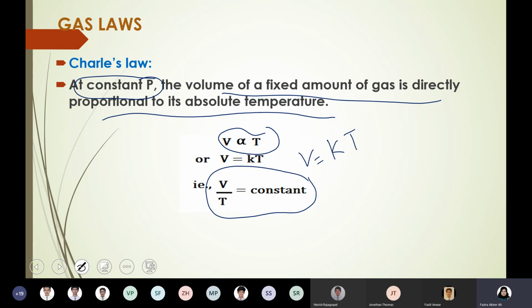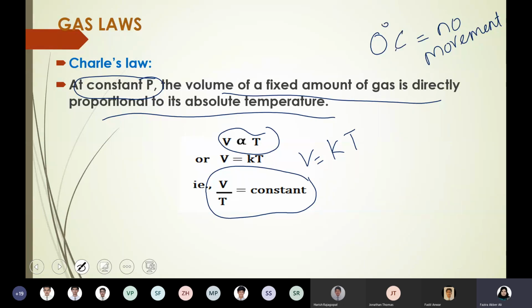Absolute temperature means, if that is the definition of temperature, then zero should mean no movement, right? If our definition of temperature is the energy related to the movement of a particle in a gaseous system, then 0 degree Celsius should mean no movement of the particle.